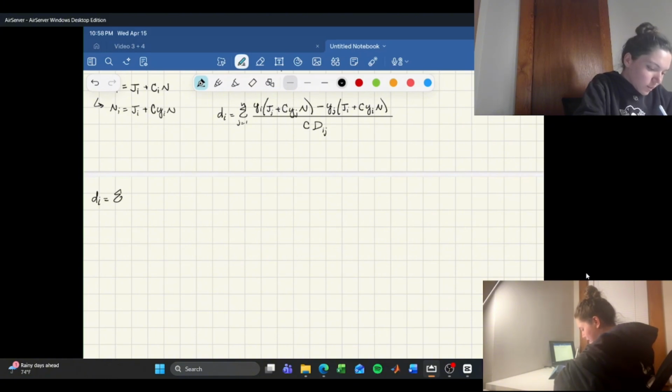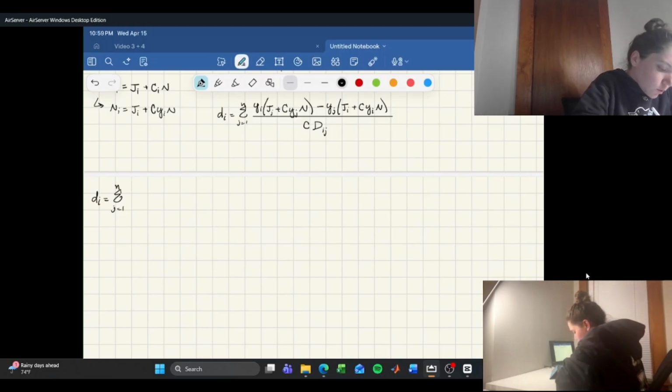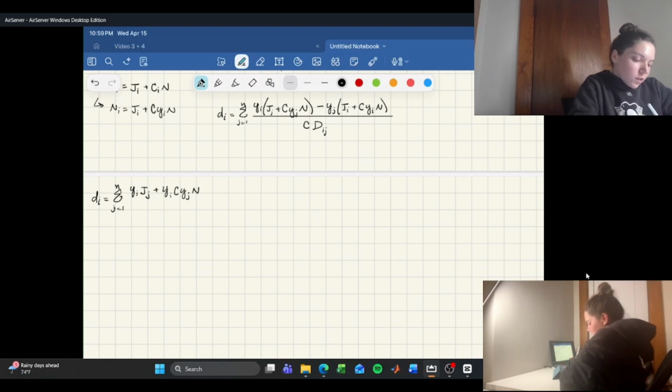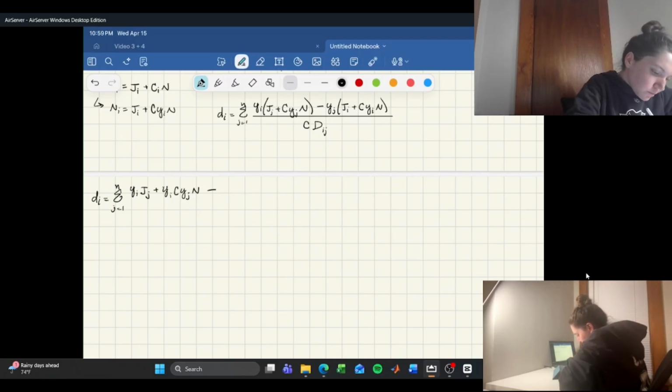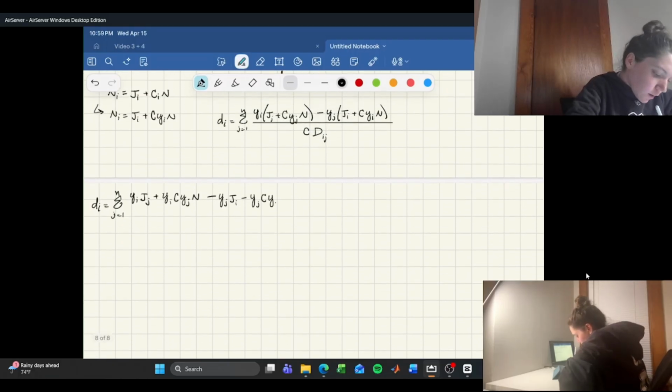Driving force is equal to the summation of, this is going to be mole fraction of I, diffusion flux of J, plus mole fraction of I times the concentration times mole fraction of J times the overall molar flux, minus the mole fraction of J times the diffusion flux of I, minus mole fraction of J times the overall concentration times the mole fraction of I times the overall molar flux.